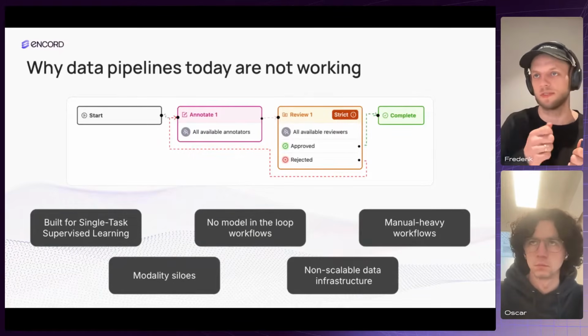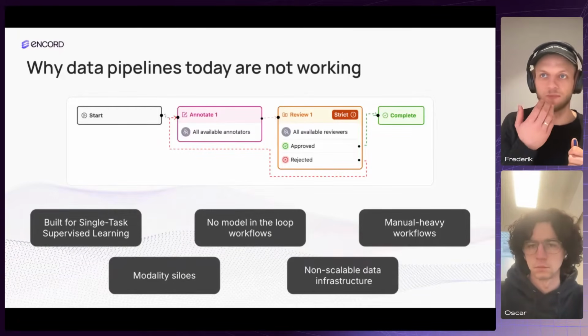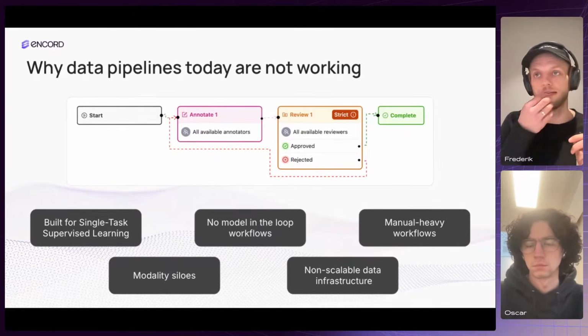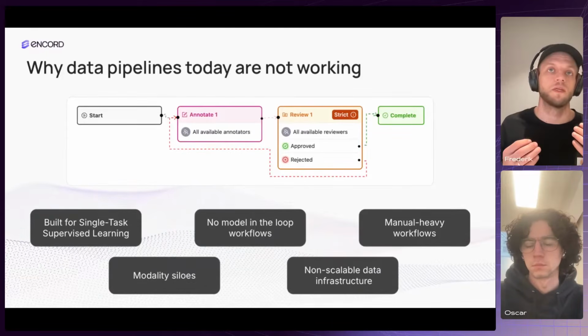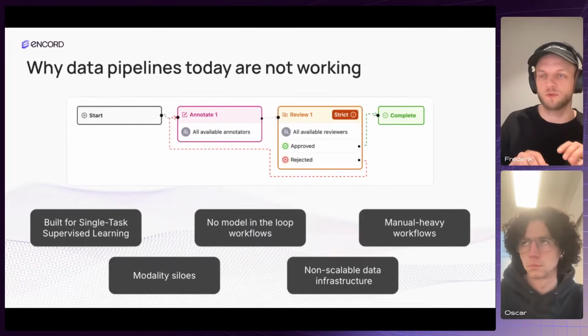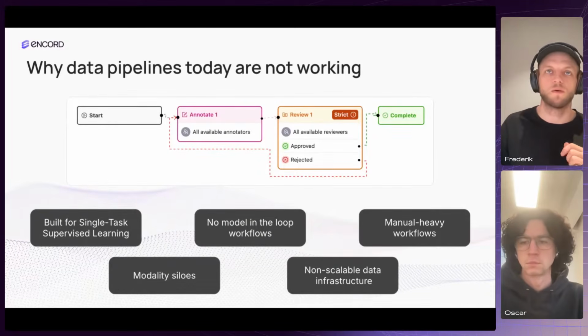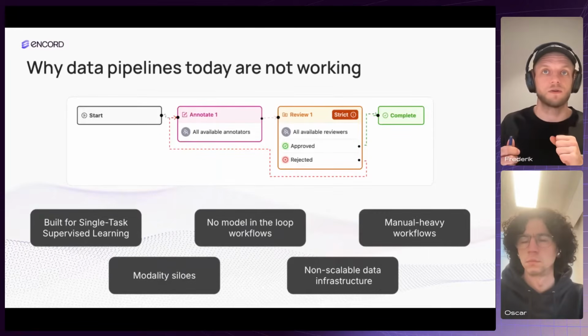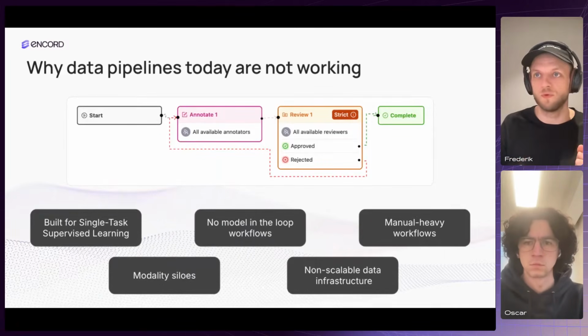If it's images, maybe it's a bounding box or a bit mask. If it's a piece of text, maybe it's typing more text, which becomes the annotation. That would be for an LLM, for instance. If it's for audio, maybe you mark a region and transcribe what's being said. Then the next stage would be this orange one where you review what you have already done.